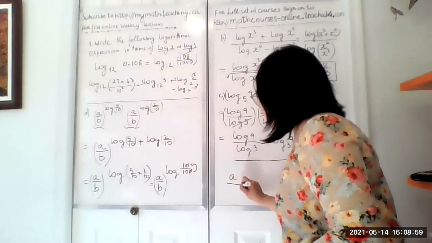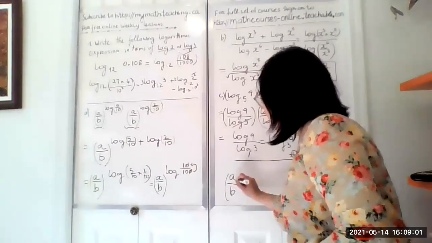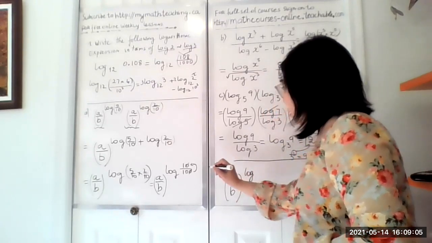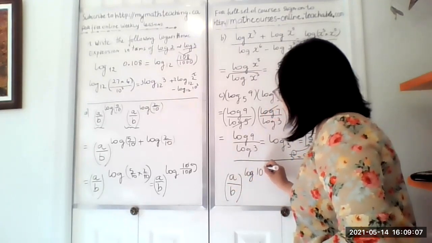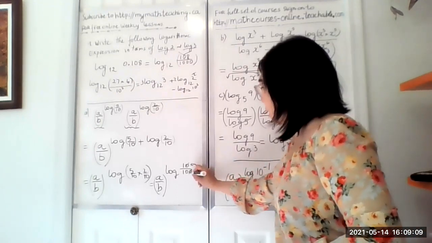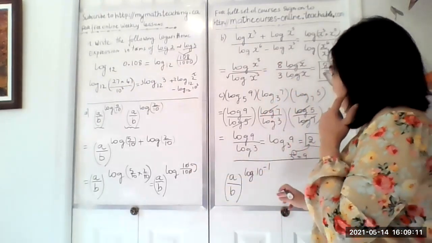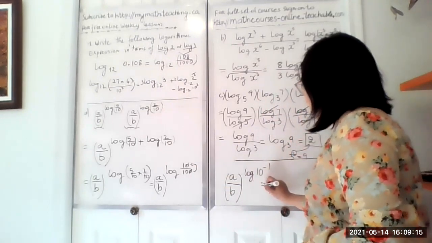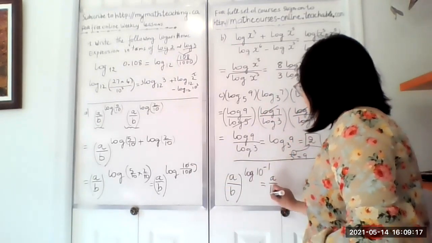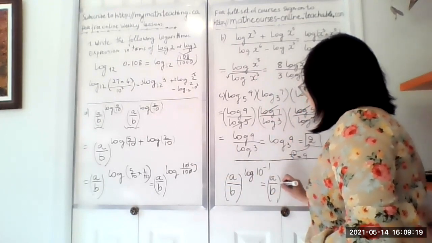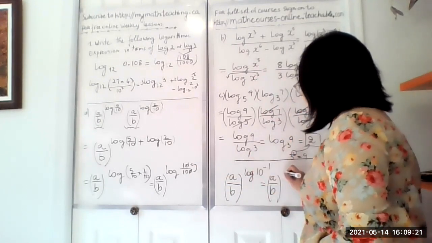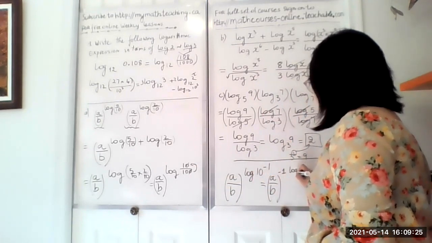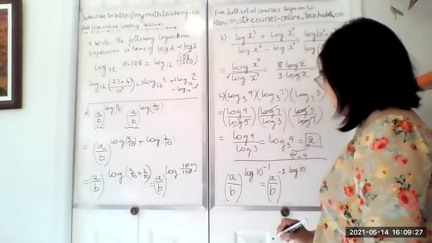So we will end up with A over B, with the log on the top as the power, log of 10 to the minus 1, if we bring this 10 up to the top. But what is log 10 to the minus 1? It means we also can bring the minus 1 in front of the log, and we write log 10.